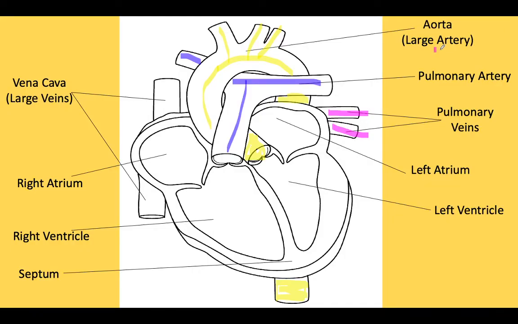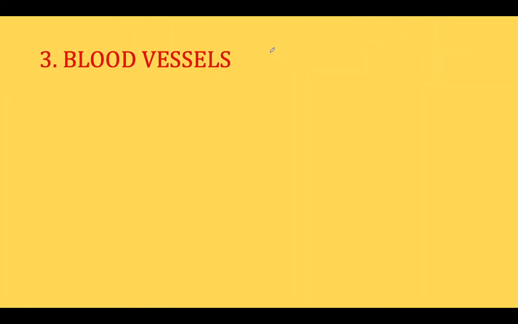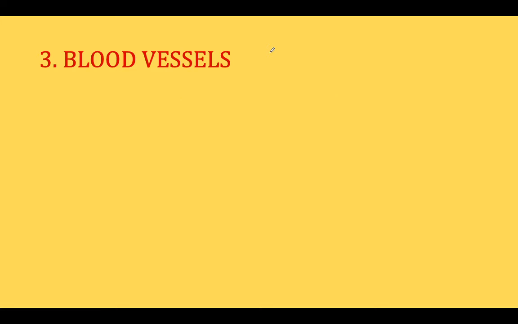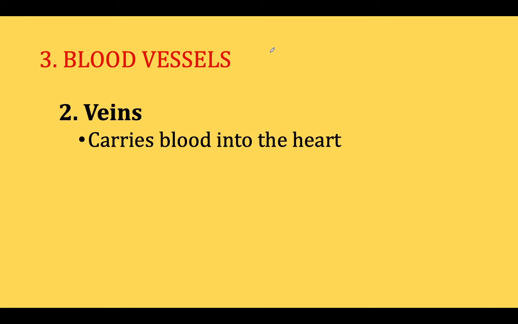We've got large artery right here. And our large artery, which is this structure in yellow, takes blood away from the heart. So keep that in mind before we get into the flow of blood in our heart, that arteries take blood away from the heart. Our second type of blood vessel are our veins, which carry blood into the heart.